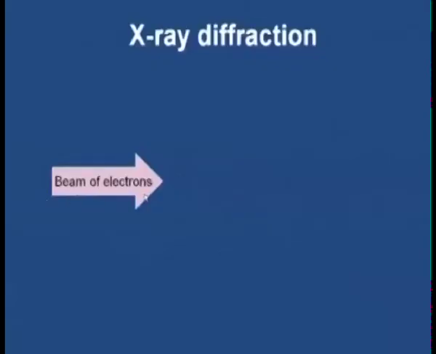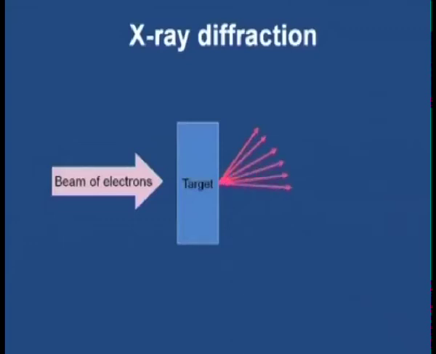So, what you observe now is a beam of electrons coming and made to be incident on a target. The electron beam is coming and hitting a target, and now come the X-rays, and these X-rays you can have on a film.